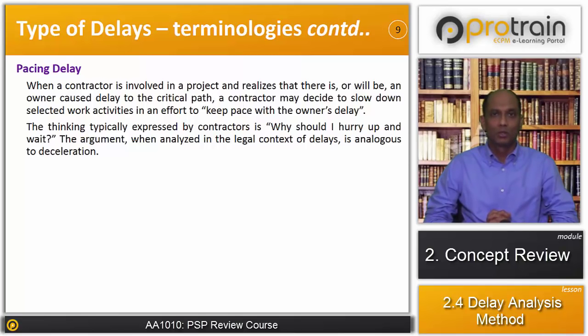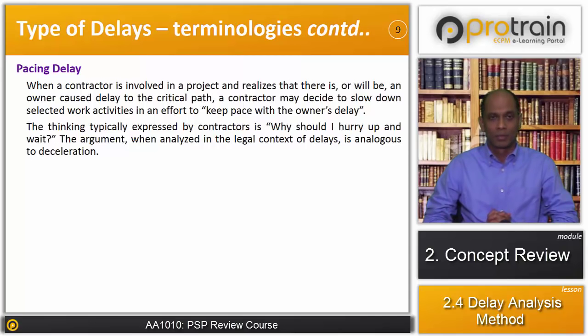Therefore, the contractor chooses to delay the placement of the purchase order, because if the transformer arrives at the site before the substation foundation is ready, then the contractor has to spend additional money for safekeeping of the transformer. So he delays placing the purchase order for the transformer. This is an example of pacing delay, where the contractor is consciously choosing to delay a certain portion of the works.